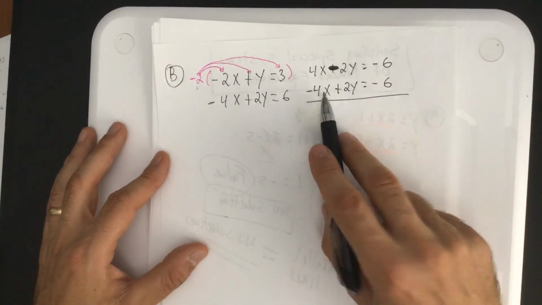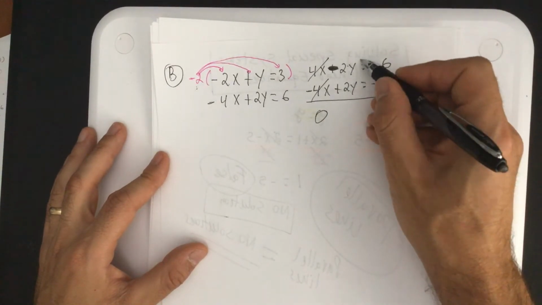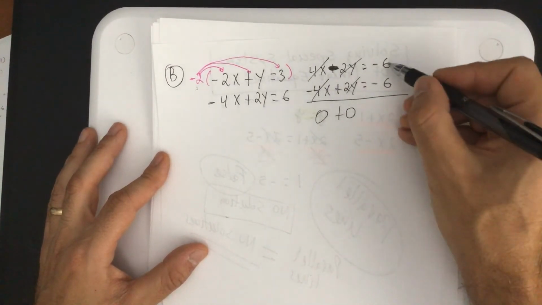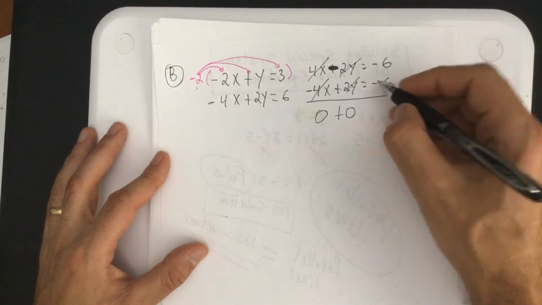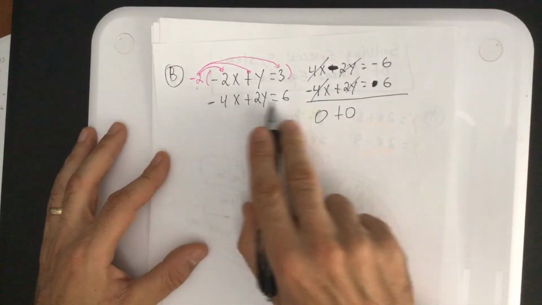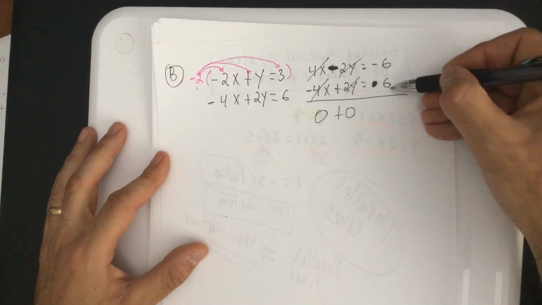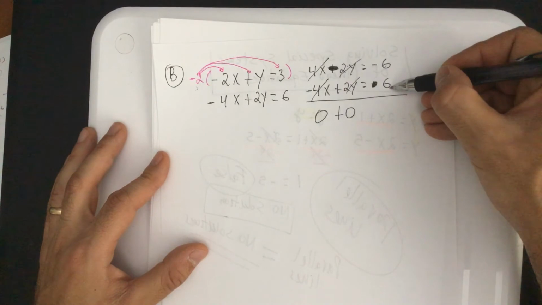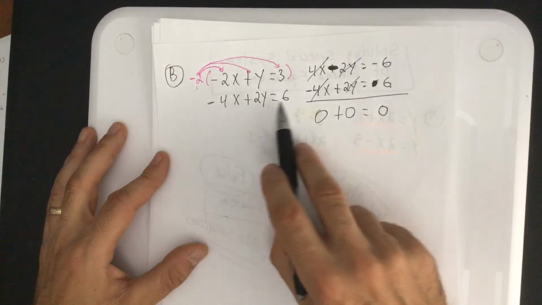4x and negative 4x, well, that's a 0. Negative 2y and 2y, well, that's a 0. And this one, oh, that's a positive 6, sorry. That's a positive 6, right? I made a mistake right there. I copied it wrong.